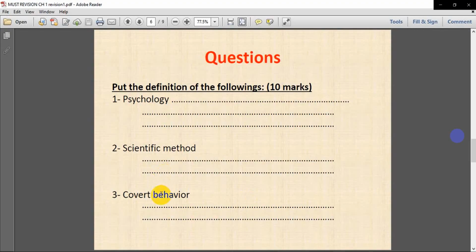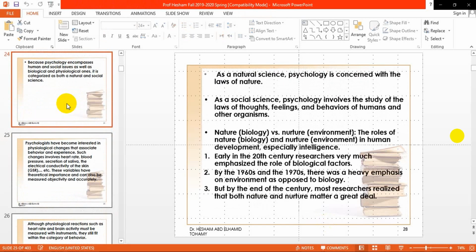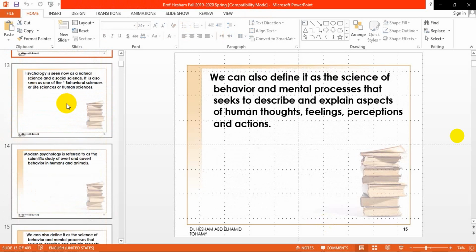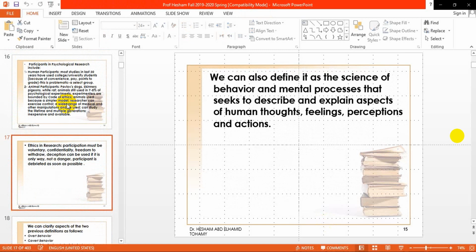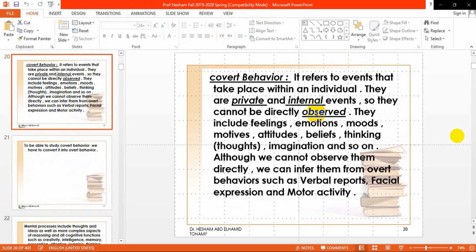What about the definition of covert behavior? Check the definition of covert behavior in this slide. It refers to events that take place within an individual. They are private and internal. They are indirectly observed.